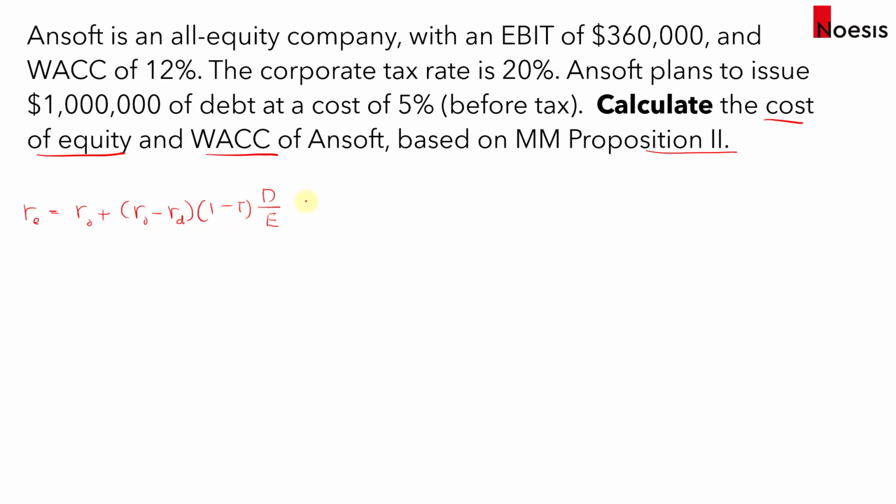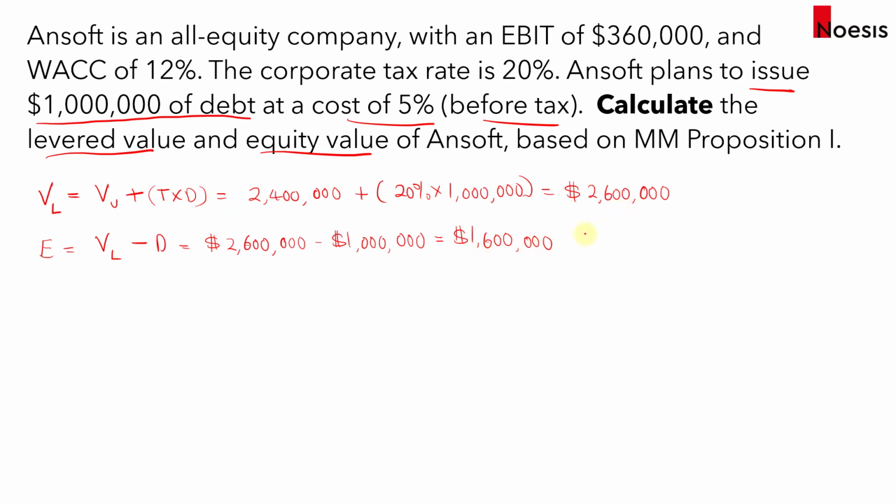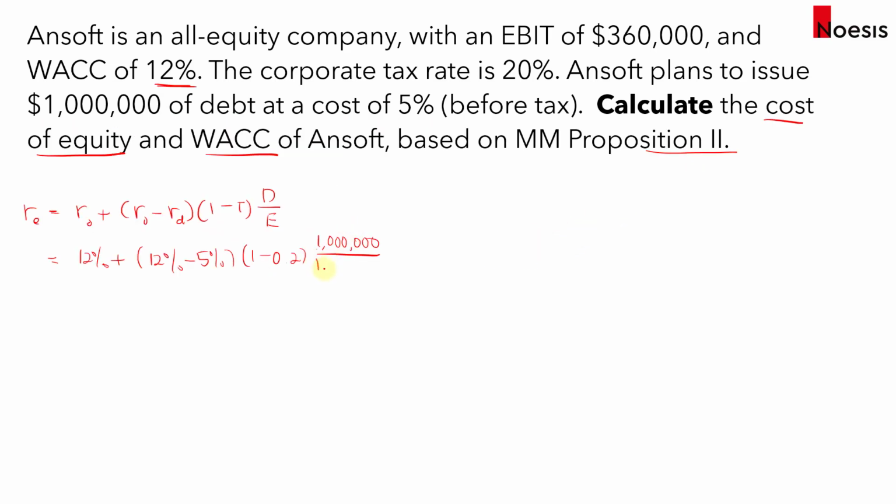R0 here is 12%, so that's 12% plus (12% minus 5% cost of debt before tax) times (1 minus 0.2), times debt of 1 million over equity of 1.6 million. This equals 15.5%, which is the cost of equity.